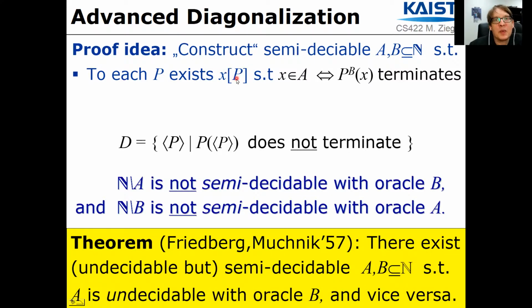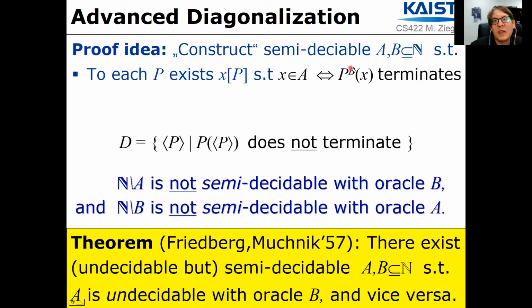So for a different program, it would be a different one, such that either both are true or none of these are true. That's what equivalence means. Both being true means X belongs to the first decision problem A and the program P we're considering, with oracle access to B, the second problem we still need to talk about, on input X terminates.